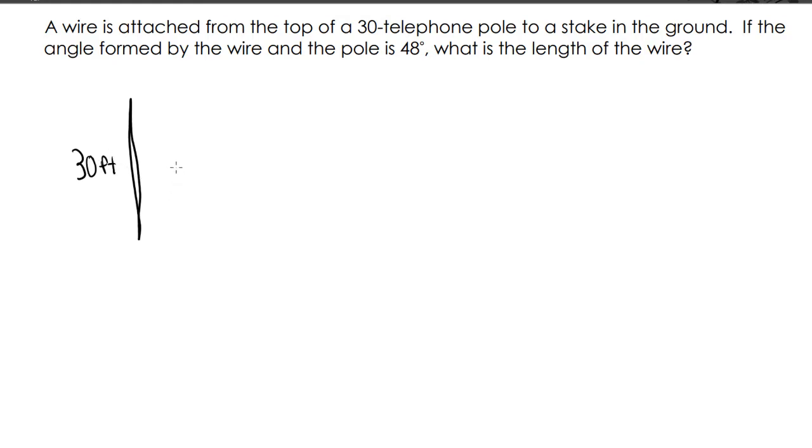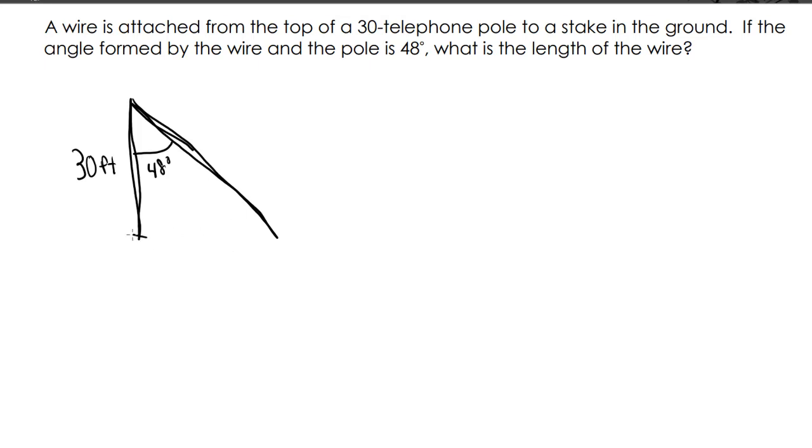And we have a wire from the top of the telephone pole hitting the ground, somewhere on the ground. So that's the wire. And the angle that the wire and the telephone pole make is 48 degrees. And now it's asking us, what is the length of the wire?